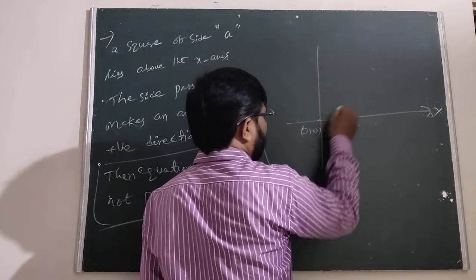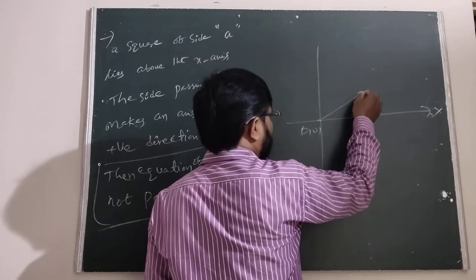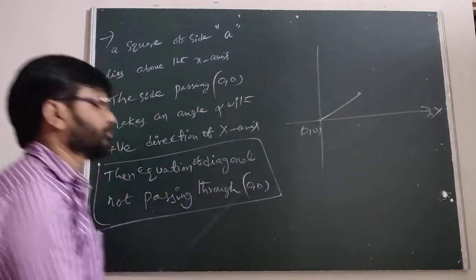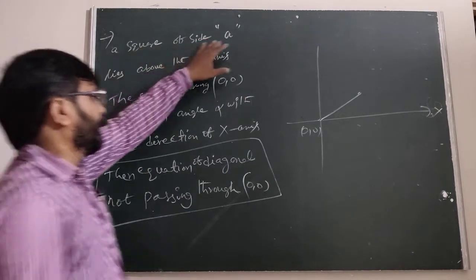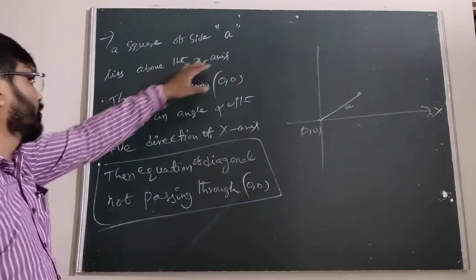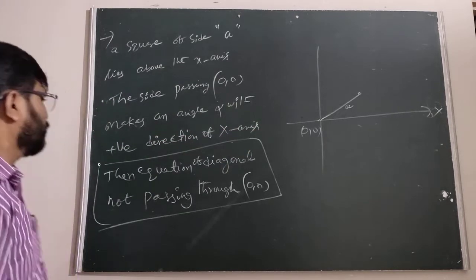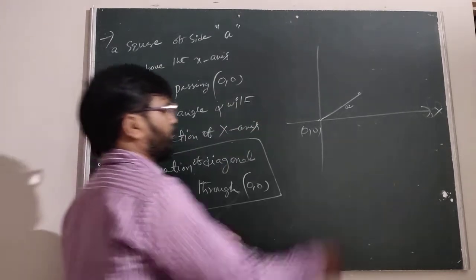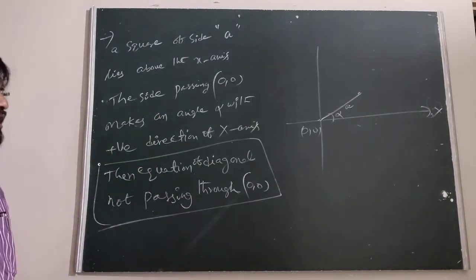A side lies completely above the x-axis. A square of side A, the length A is given, lies above the x-axis. A side is passing through the origin also, and makes an angle alpha with the positive direction of the x-axis. Then the equation of the diagonal which is not passing through the origin.